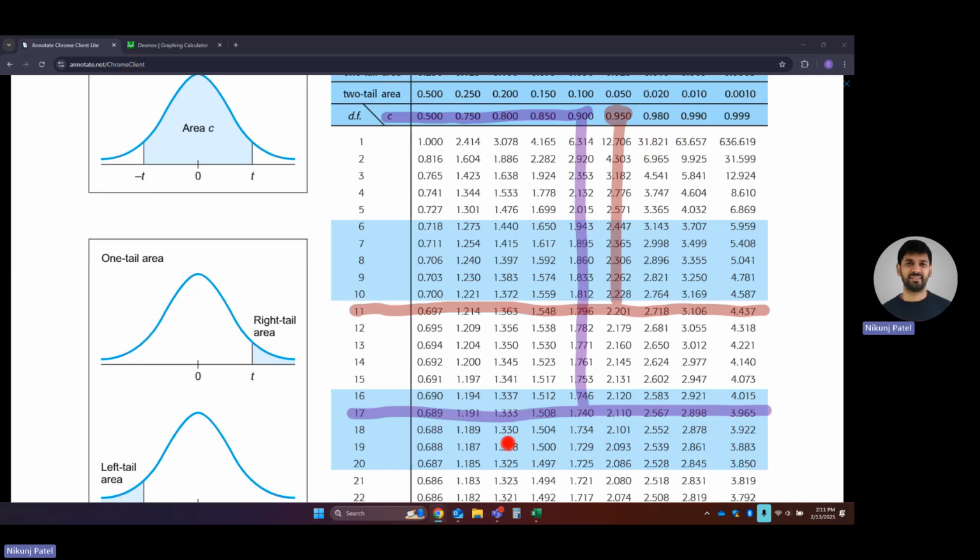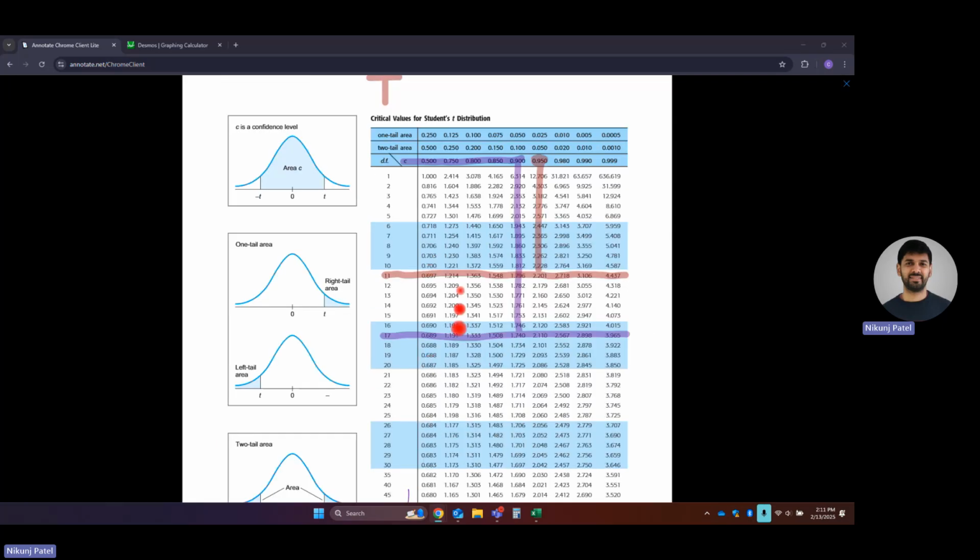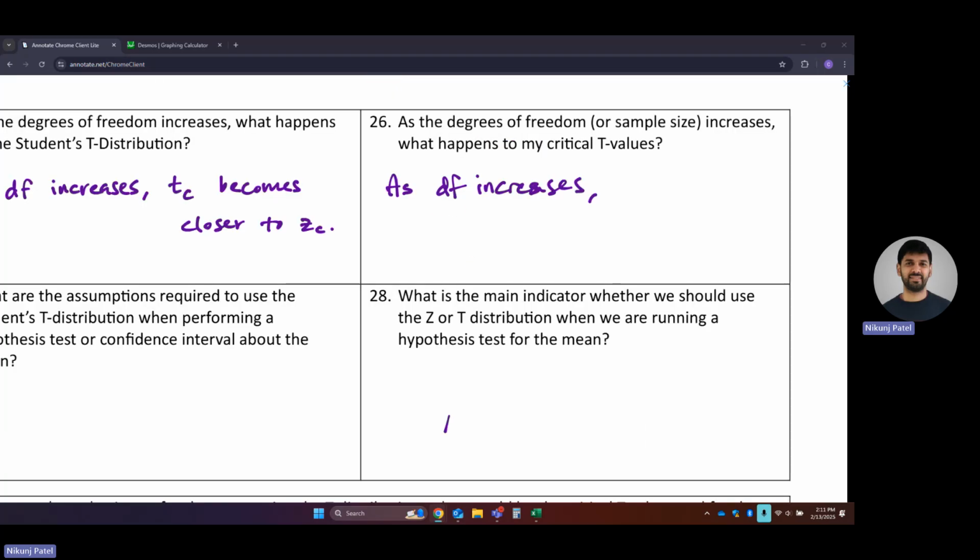As I go further down the columns throughout the rows, you'll notice that our T critical values are getting smaller and smaller as we go down. No matter what column you choose, you're getting smaller and smaller values as you go down. So as your degrees of freedom increases, meaning as you go down the list, your T critical value decreases in value. So as degrees of freedom increases, T critical decreases.